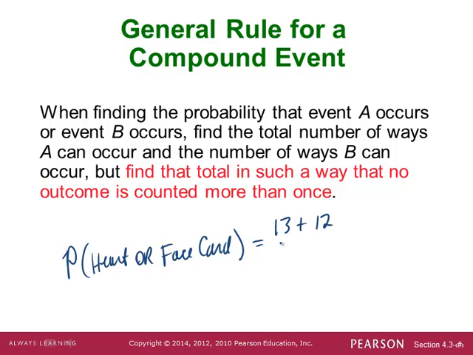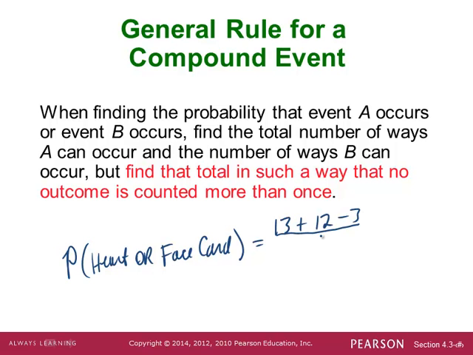But there are 3 hearts that are face cards, and if we don't subtract 3, then we will be double counting the number of heart face cards there. So 13 plus 12 minus 3 is 22. So there are 22 cards that are either hearts or face cards or both.